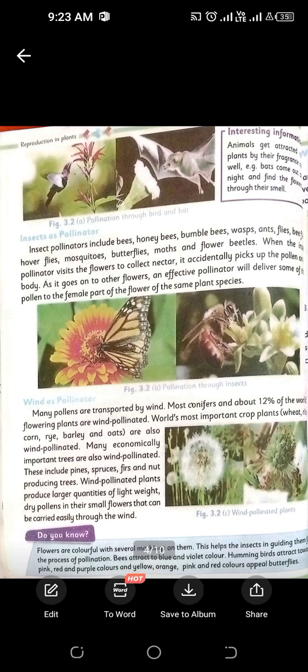Most of the conifers are wind pollinated plants, and all the pollen grains and anthers that are pollinated through wind are very lightweight. The wind pollinated plants produce large quantities of lightweight and dry pollen in their small flowers. Okay, that can be easily carried by wind.